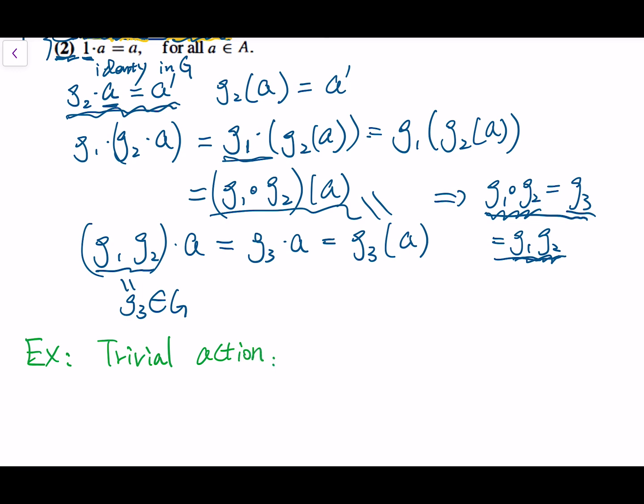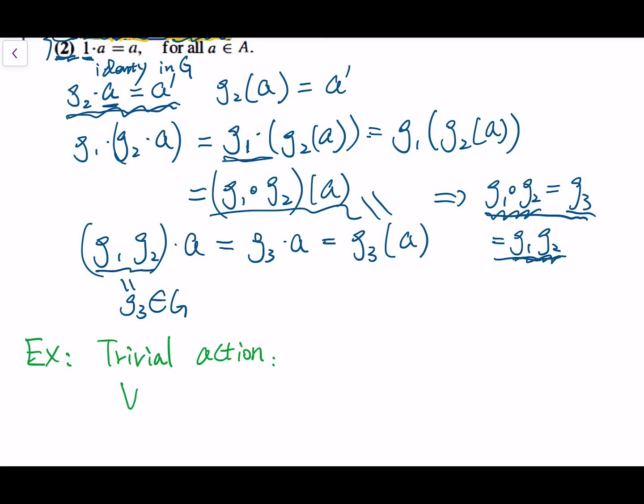From its name, we can see that this action just trivially maps the element of the set to itself. Trivially map just means the map is the identity map.